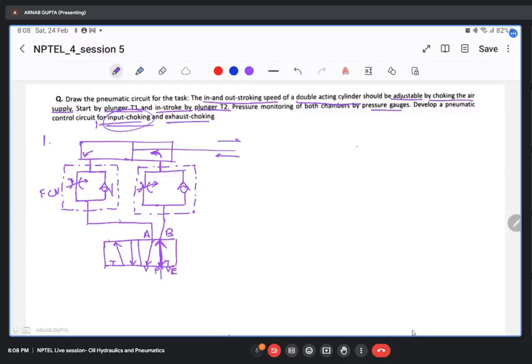Now we are told about these plungers T1 and T2. Based on T1 and T2, you should start by plunger T1 and the next plunger T2. So for extension, you should be using plunger T1. Plunger is basically this mechanically actuated 2 by 2 DCV.